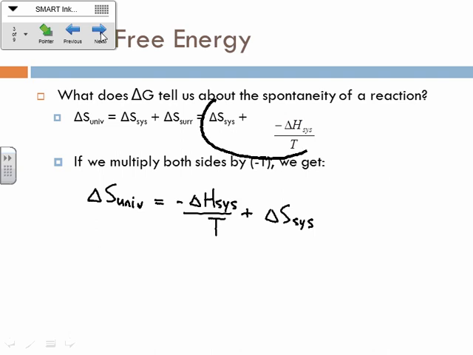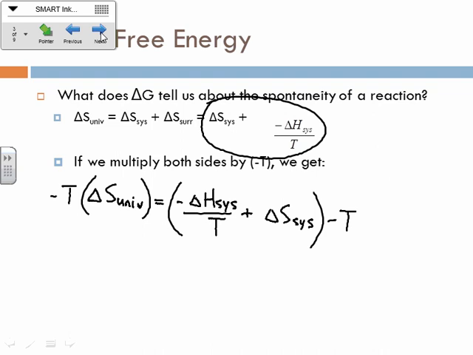So that's this, okay? Basically, that's saying that that's equal to the delta S of the universe. Maybe that's a little bit cleaner way to write it. In order to get rid of this T down here at the bottom, we multiply both sides by negative T, and you'll see why we're doing this in a second.